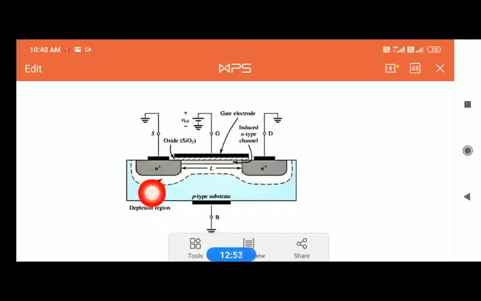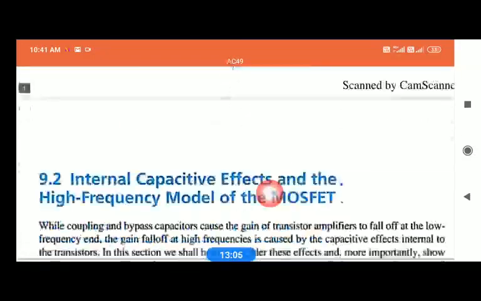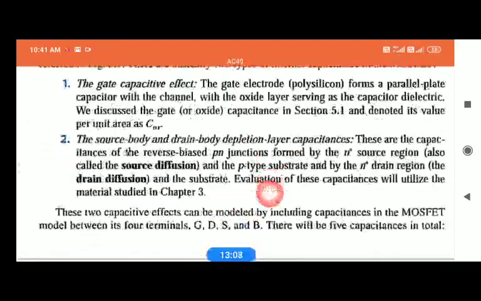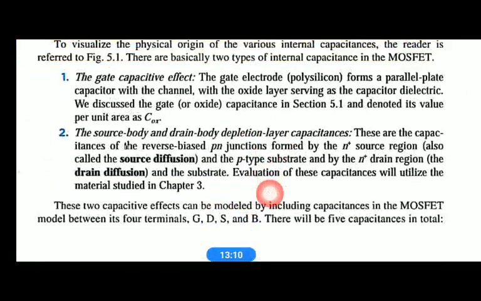So this forms a body to source capacitance, and in the same way we have a body to drain capacitance. Those categories of capacitance we call source to body and drain to body depletion layer capacitance. These two capacitors we will elaborate on in the different regions of operation of the MOSFET.